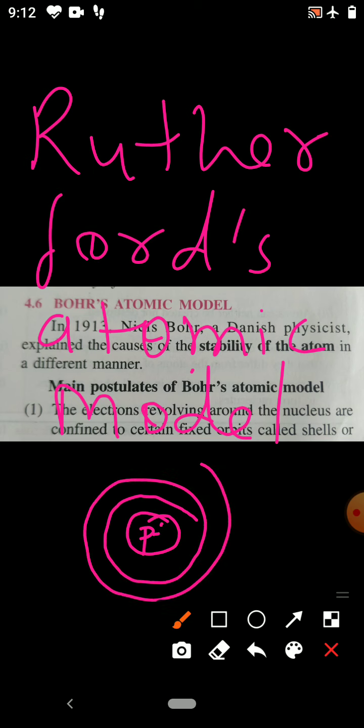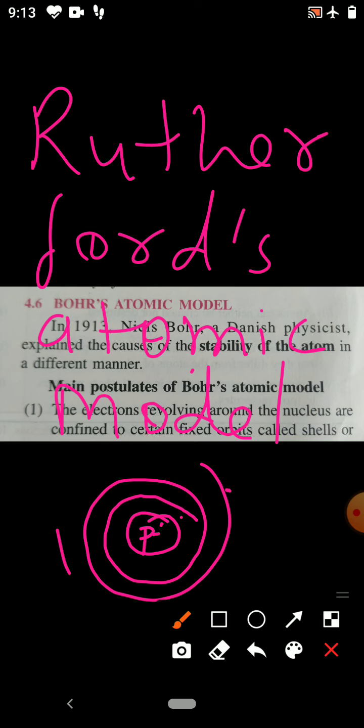So when electrons are revolving around the nucleus, the attractive force of the positively charged nucleus would be balanced by the centrifugal force arising due to rotation of the electron.